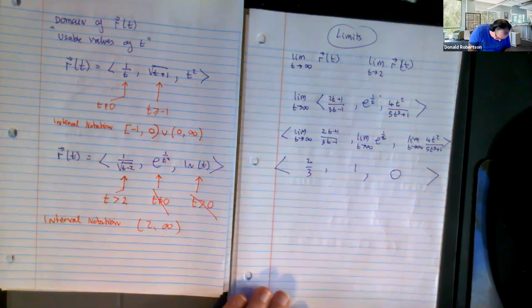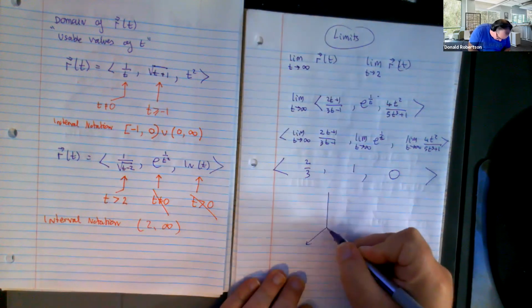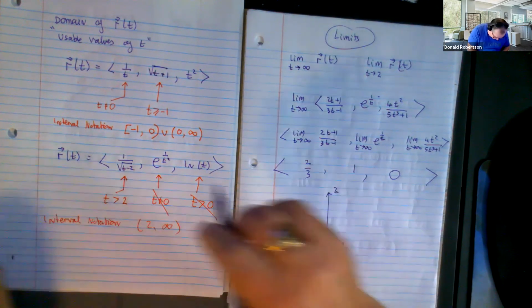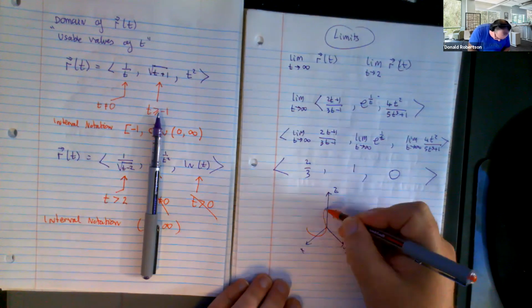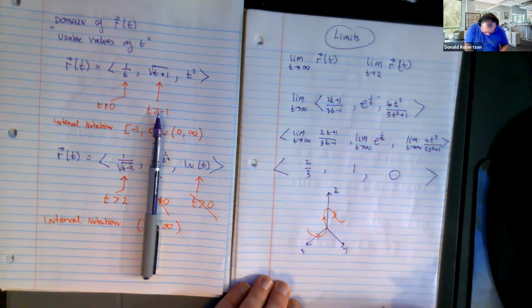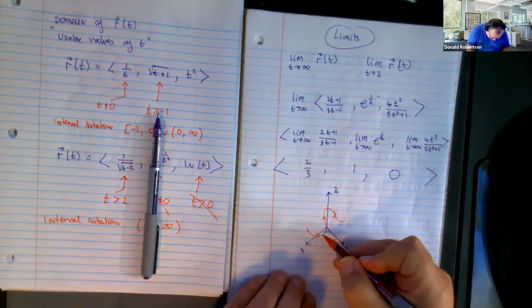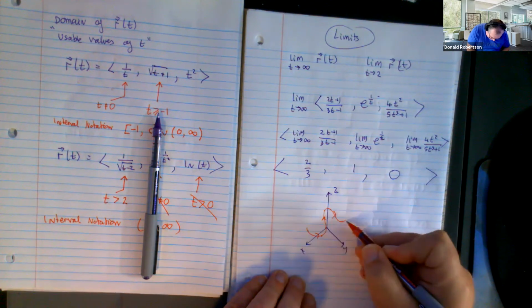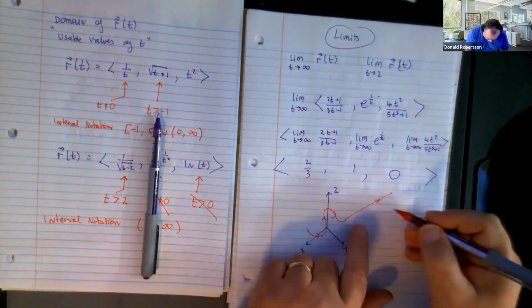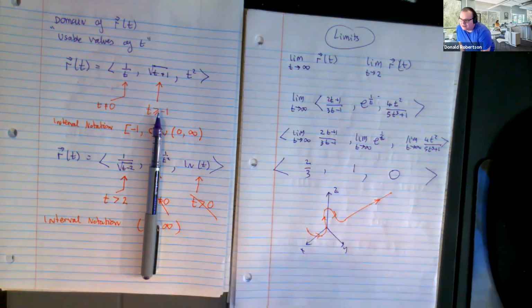Well, we know what space curves typically do. They curve, right? And it curves like this, perhaps. But that's t equals 0, t equals 1, 2, 3, 4. But can you imagine that eventually, doesn't it just shoot off in a straight line direction?